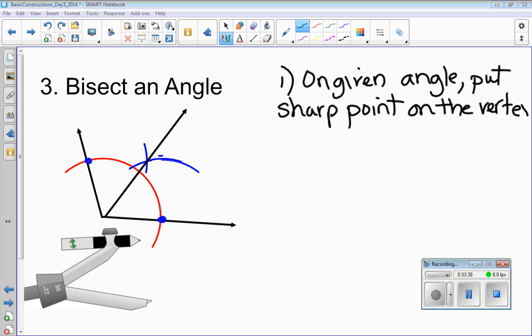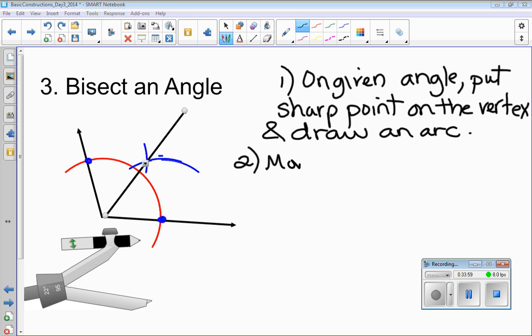It's important in your steps to tell me where to place the sharp point. What is important about this arc? How big must it be? It's got to be big enough where it intersects the whole thing, right? Intersects both sides of the angle.